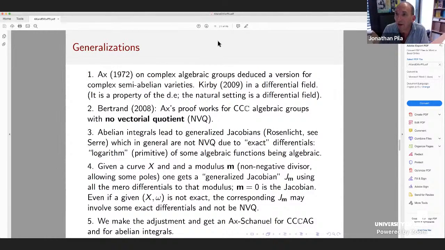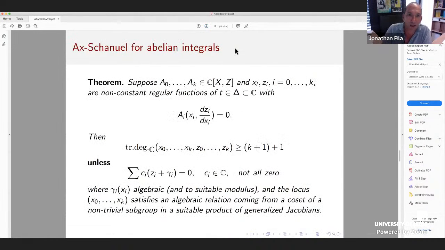But if you subtract off those, then what you get is a non-vectorial group, and you can apply this Bertrand version of Ax's theorem, and you can get an Ax-Schanuel for a general connected commutative complex algebraic group. I'm not going to state that, but I'll sketch how we go through that to get an Ax-Schanuel theorem for abelian integrals.